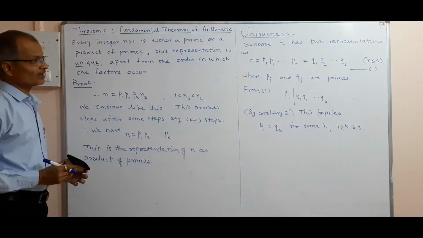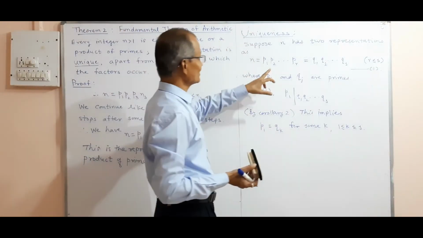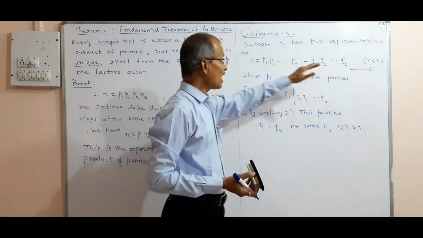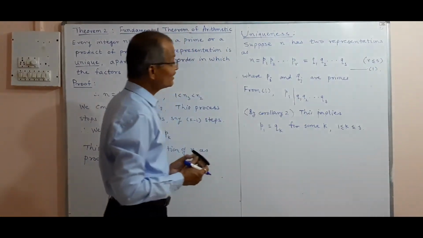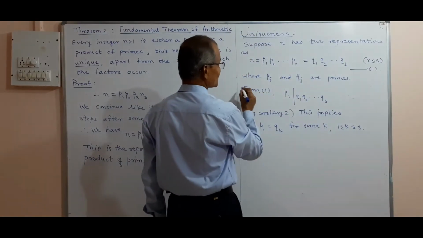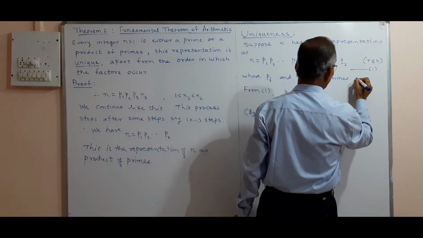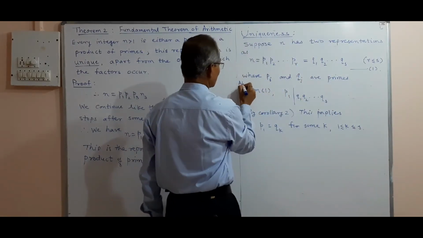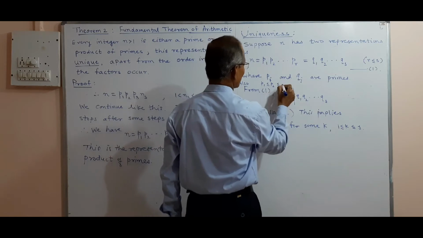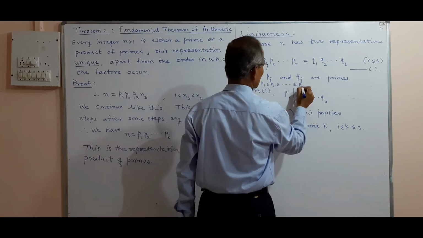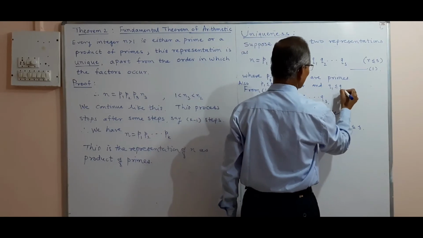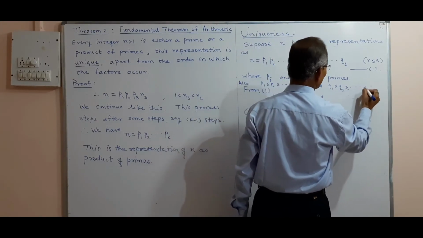And now one assumption we shall consider here is that p1, p2, up to pr and q1, q2, up to qs are ordered in increasing order. So we shall also assume that p1 is less than or equal to p2 is less than or equal to pr, and q1 is less than or equal to q2 is less than or equal to qs.